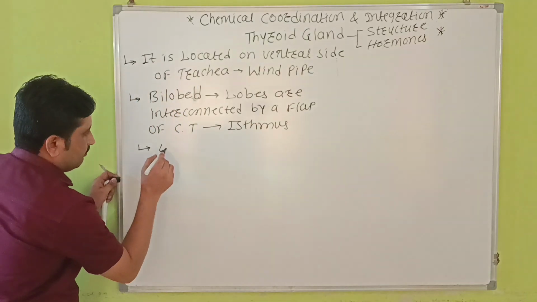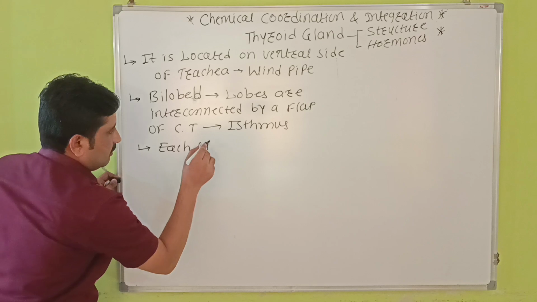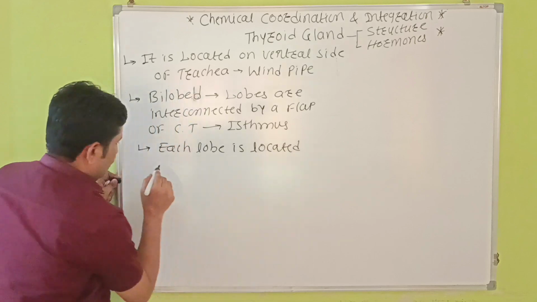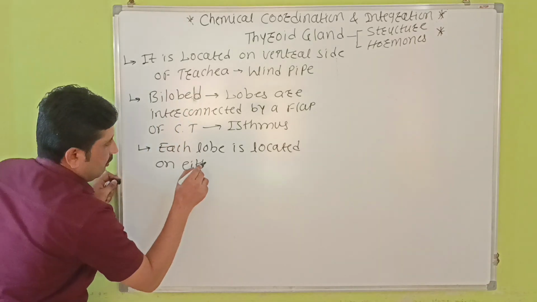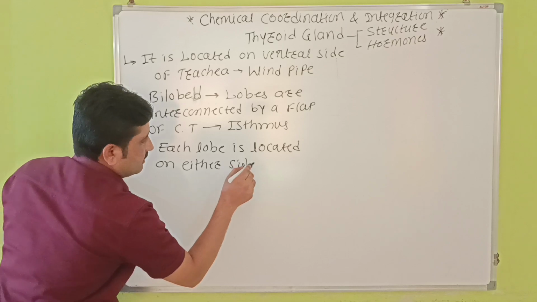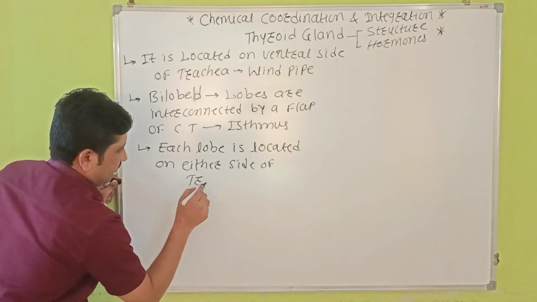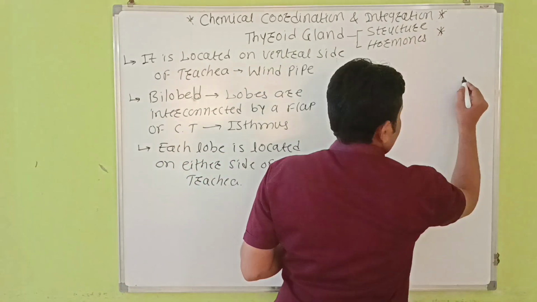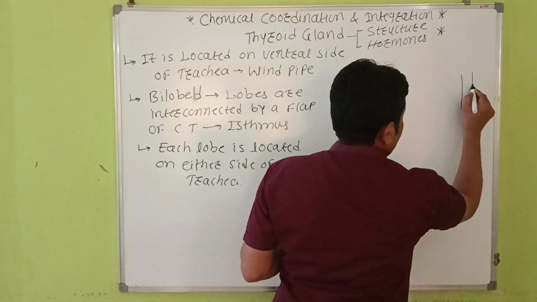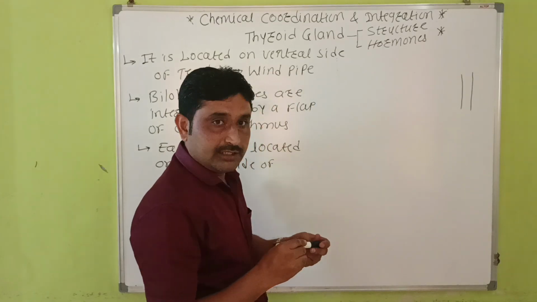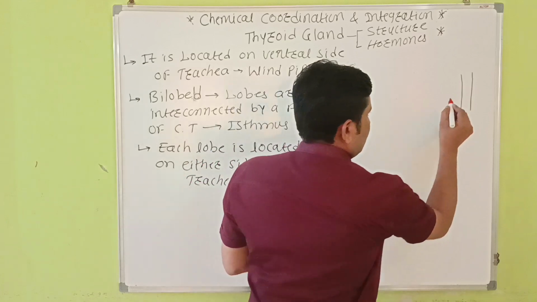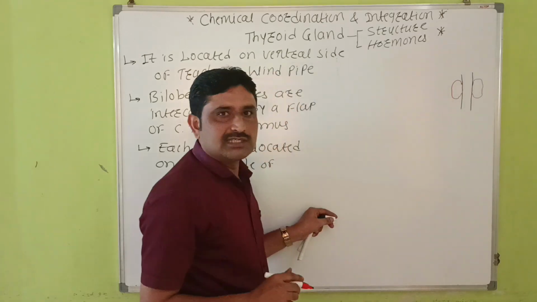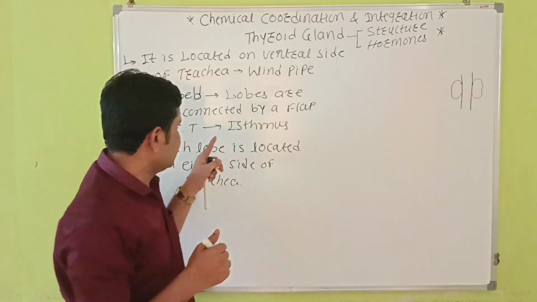And अब each lobe is located on either side of trachea. इसका मतलब क्या है कि अगर ये ट्रकिया है, if it is a trachea, that is the windpipe, then the lobes of these two glands, bilobe, one is located on this side and another is located on this side, and these are connected by, कैसे connect है?